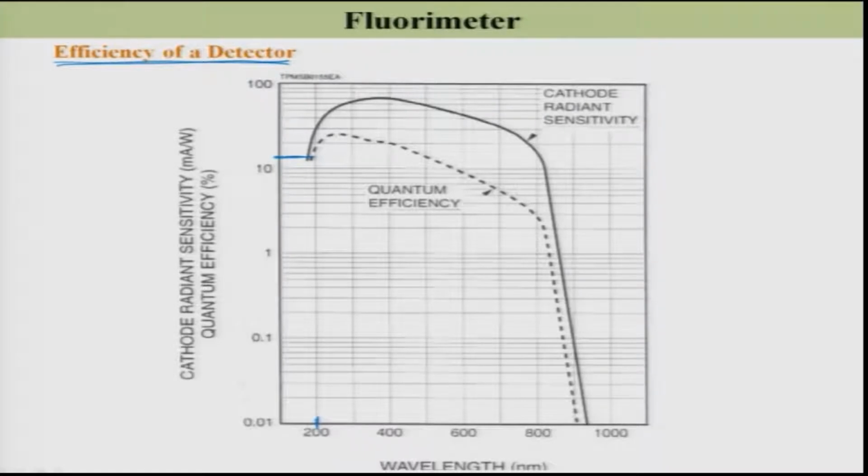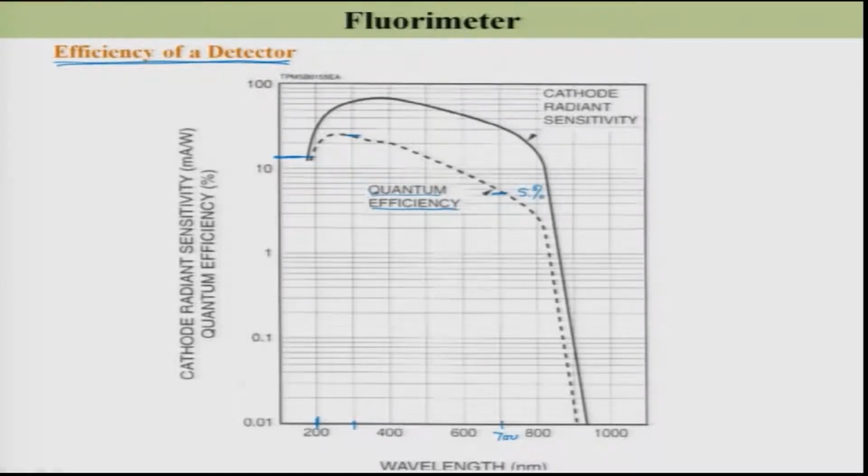This is the quantum efficiency, how efficiently it converts photons to electrons. However, at 300 nanometers the efficiency is about 30%, and at, say, 700 nanometers the efficiency is down to a few percent, about 5%.